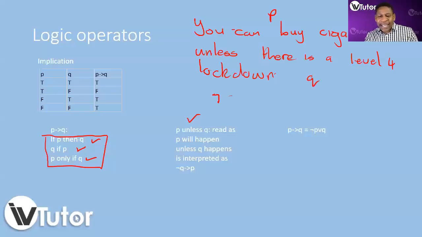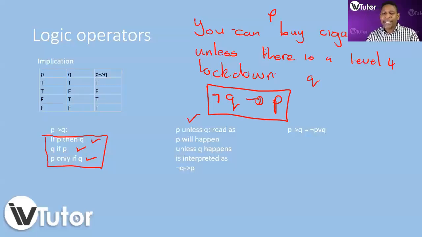If there is no level 4 lockdown, then you can buy cigarettes. So this is the interpretation when you have P unless Q. Label your P, label your Q, then interpret it as not Q implies P. That is the interpretation of unless.